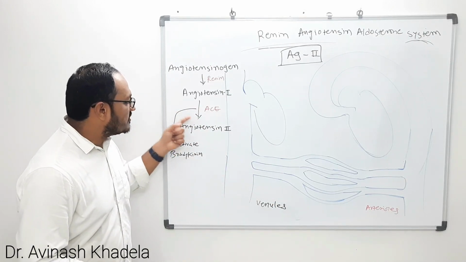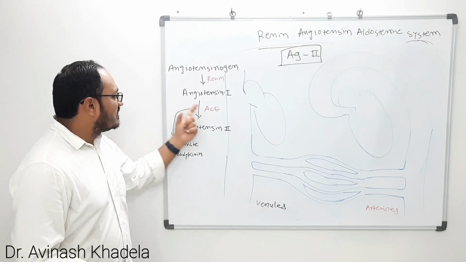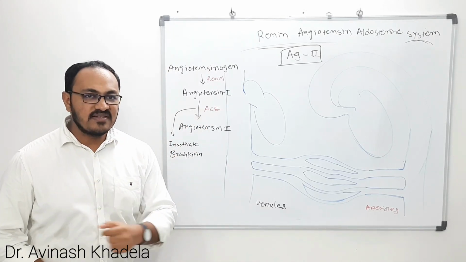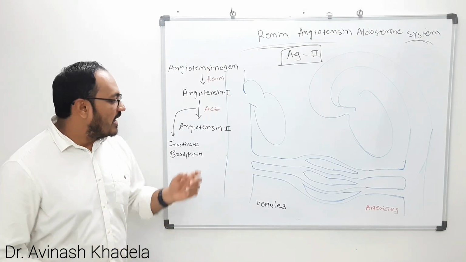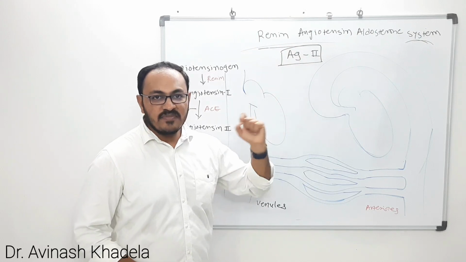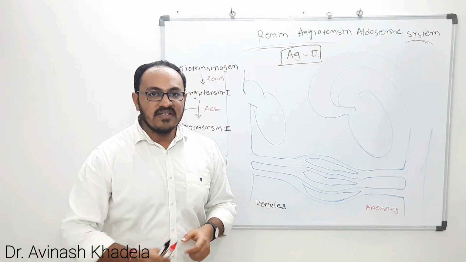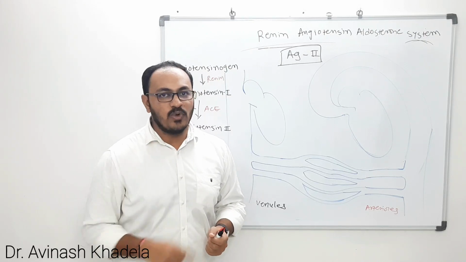This angiotensin 2 will be circulating in the human blood. Along with that, ACE also inactivates bradykinin, which is a potent vasodilator. Now, this circulating angiotensin 2 will have some systemic action. So, we will understand what angiotensin 2 will do in the human circulation.